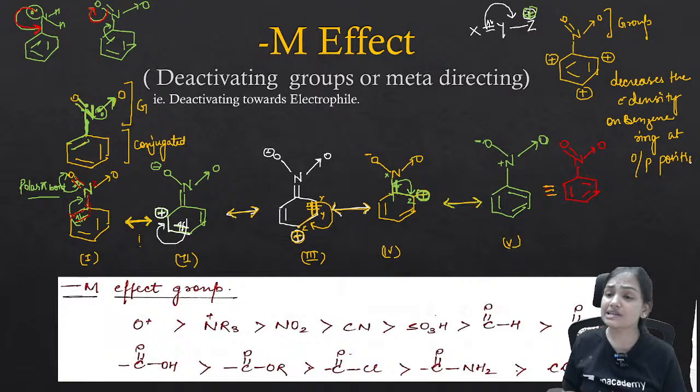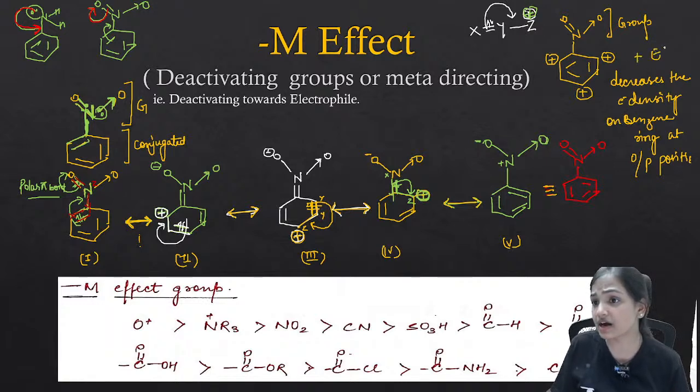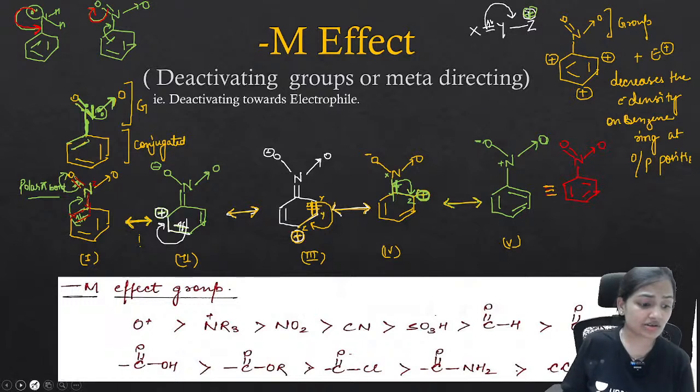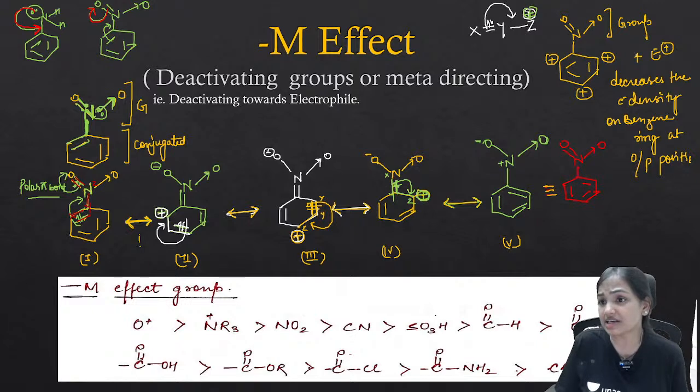So why are we saying deactivating groups? Because if my electrophile wants to attack this nitrobenzene, guys, this is positive and this is positive, so it repels. So will my electrophile be more reactive towards this benzene? No, the electrophile is now saying, okay, what would I get when I come to you? It is getting repulsion.